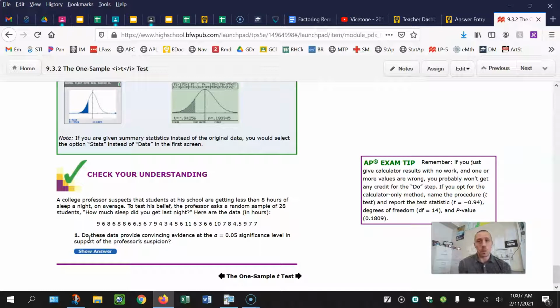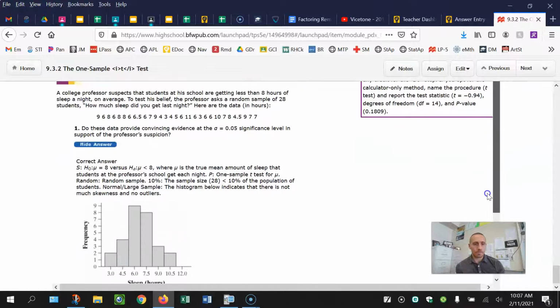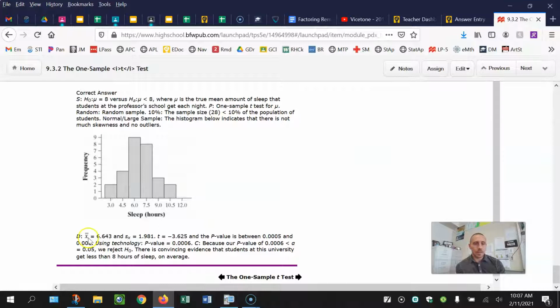I'm going to do a one sample t-test with 27 degrees of freedom. And then for the do step, I'm going to have to show the answer because I am not plugging this in the calculator. All right, I have to get my sample mean from doing one variable statistics. Same thing with sample standard deviation.